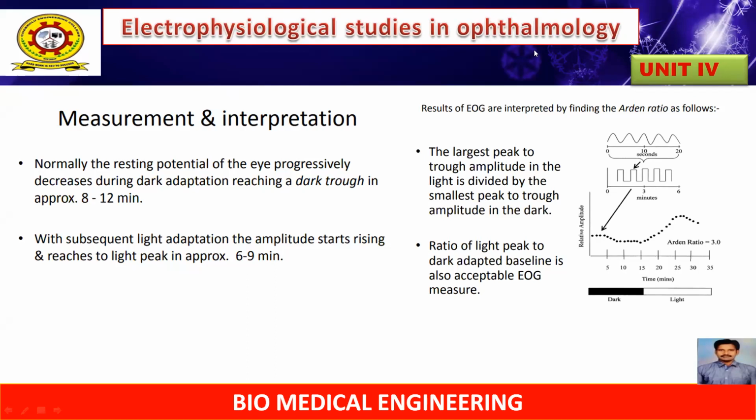From the EOG answer, the Arden ratio is defined as the ratio of the maximum height of the light peak. What is the light peak? It is the largest peak-to-trough amplitude in the light divided by the smallest peak-to-trough amplitude in the dark. That is simply called the Arden ratio.